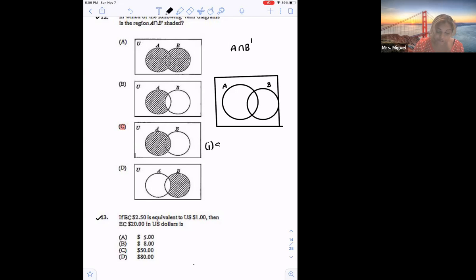So the first thing is shade B complement, which is everything but set B. So if I shade everything but set B, it means that I will shade everything on the outside here but set B. So that is the first thing.